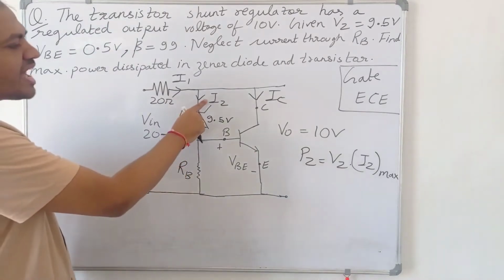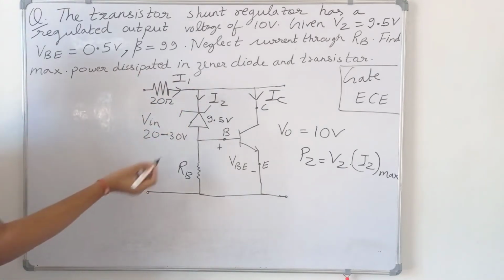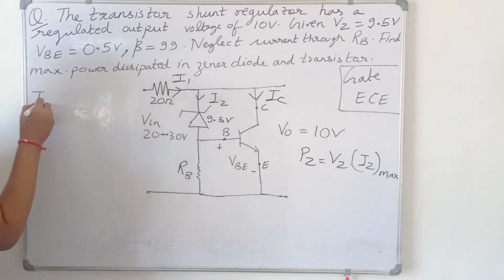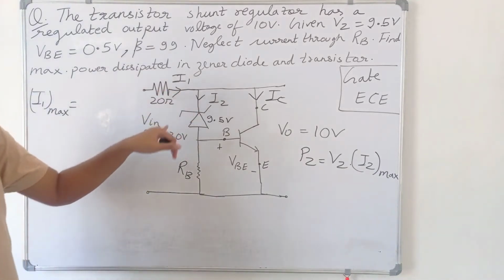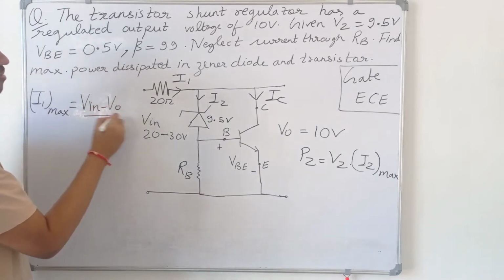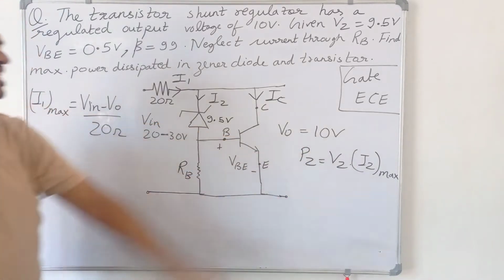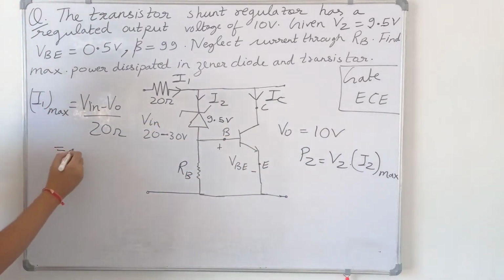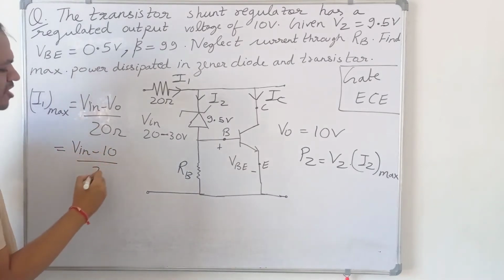So this is your Iz, we have to find its maximum value. Iz will be maximum when this I1 will be maximum. The maximum value of I1, that is I1 max, if we apply Kirchhoff voltage law, will be Vin minus V naught upon 20 ohm. V naught is given as 10 volt, so I1 max is equal to Vin minus 10 upon 20.